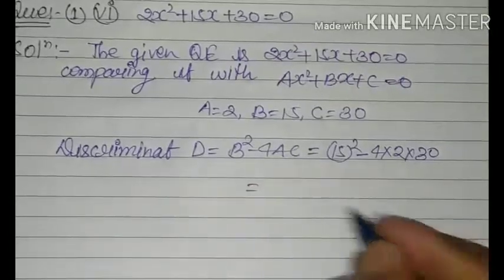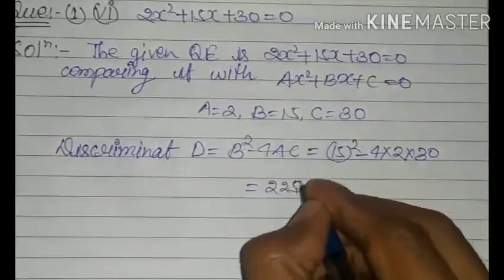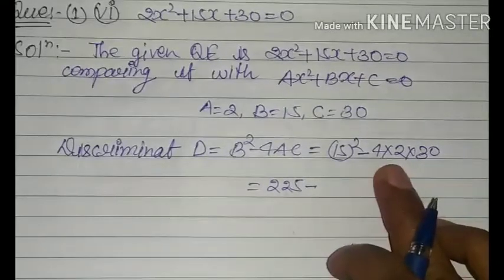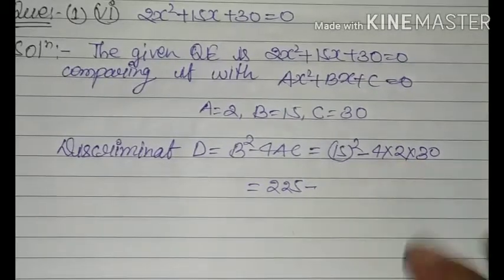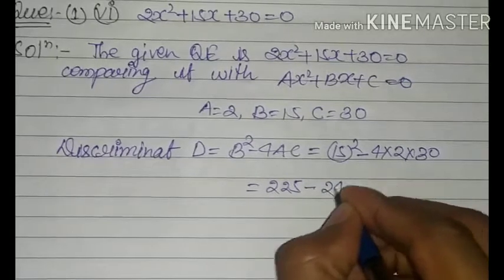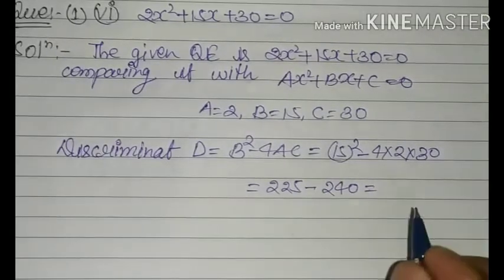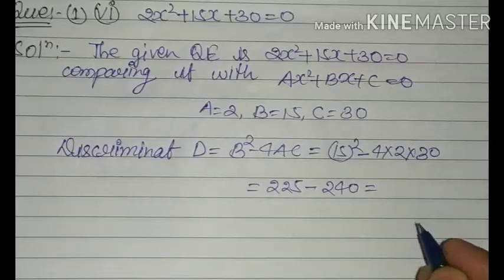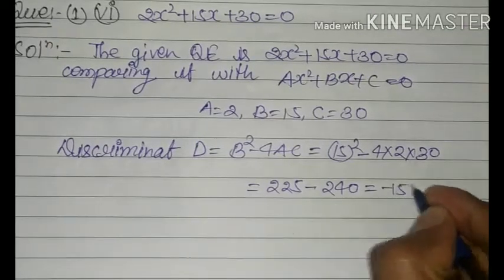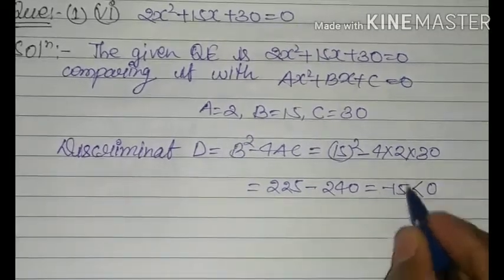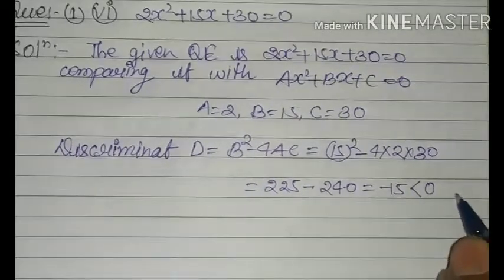Then 15 square is 225 and minus of 4 twos are 8 and 8 threes are 24, it means 240. This is equals to 225 minus 240 will be minus 15, and minus 15 is obviously less than 0, means it is negative, that's why it is less than 0.